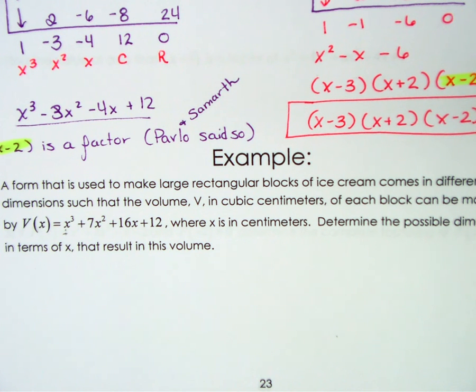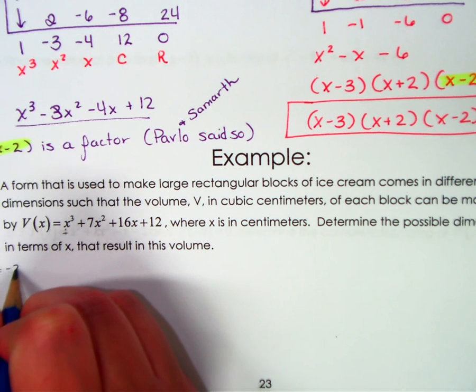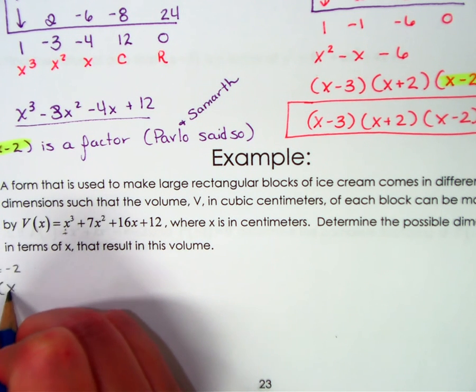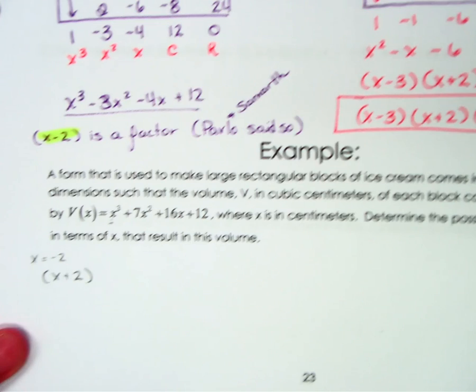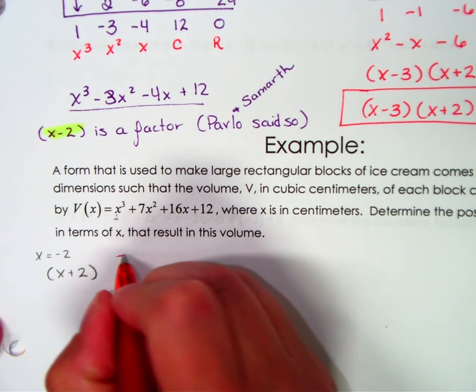Yeah. It works? Okay. So if -2 works, so if x equals -2, my factor is going to be x plus 2, right? I'm going to continually write that down so that you remember that if -2 works, it's the opposite in the factored form. So with that information, I'm going to synthetically divide.